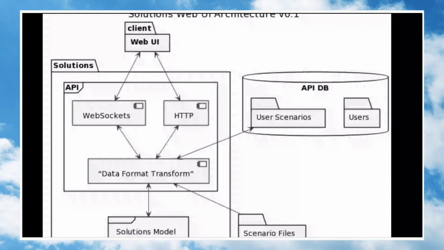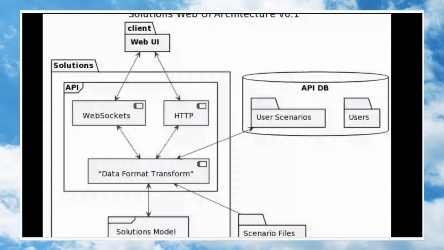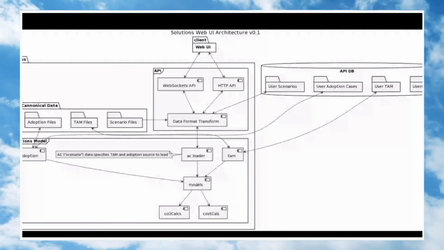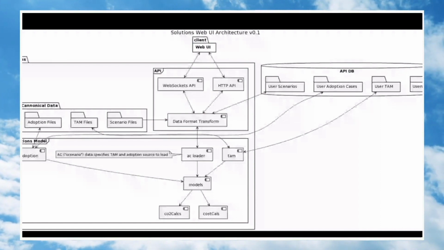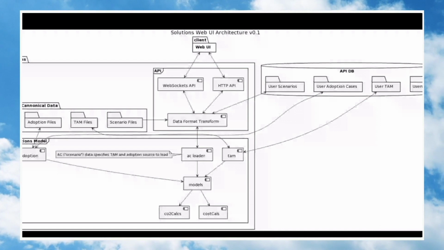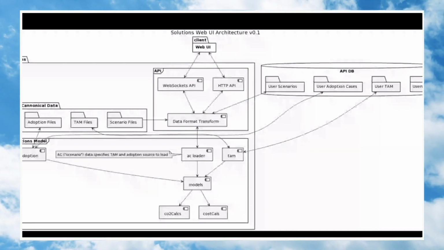So to do that, the front end first loads up your work from the server. The front end can make edits and then update the server with those edits. The server does the calculation and then sends the results back. So there's a lot of optimization that goes on behind the scenes so that the browser only sends what needs to be sent to the server.